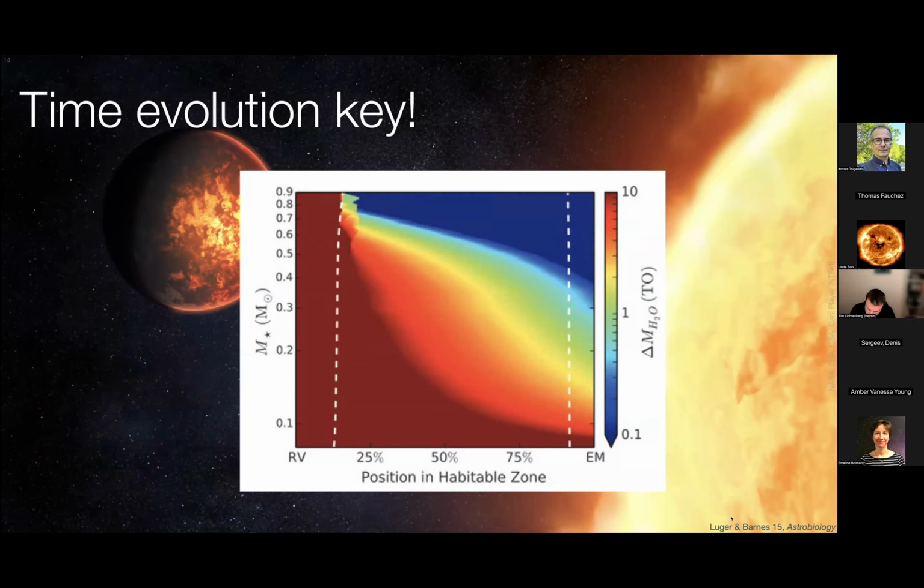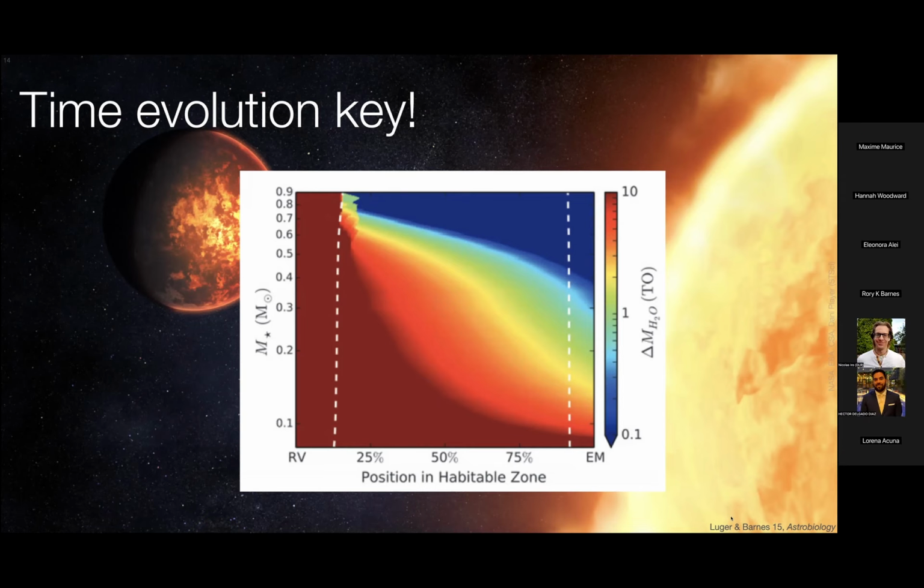And so there's a substantial time component involved. We cannot look at these systems in isolation at steady state, but we must consider the history because of this coupled effect between the interior and the atmosphere.